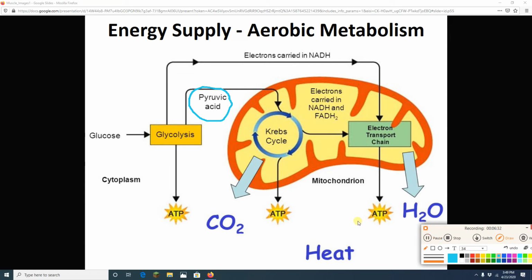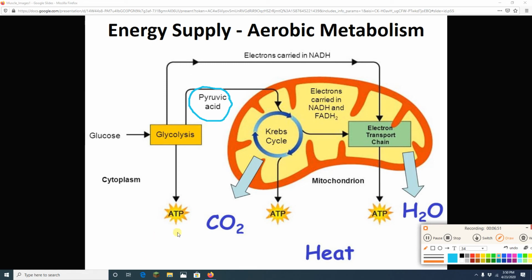While in the mitochondria, the pyruvate goes through something called the Krebs cycle. We make more NADHs and this other thing called FADH2, and they go through something called the electron transport chain. And the net result of all of this is we make a whole heck of a lot more ATP.